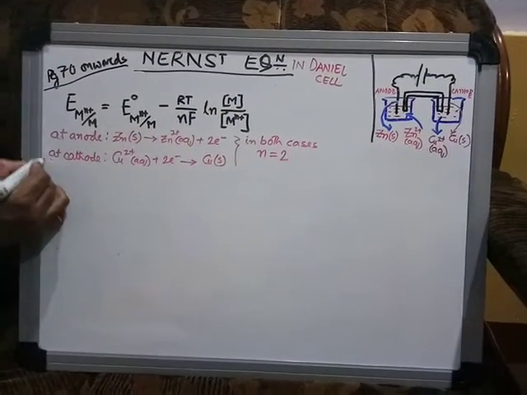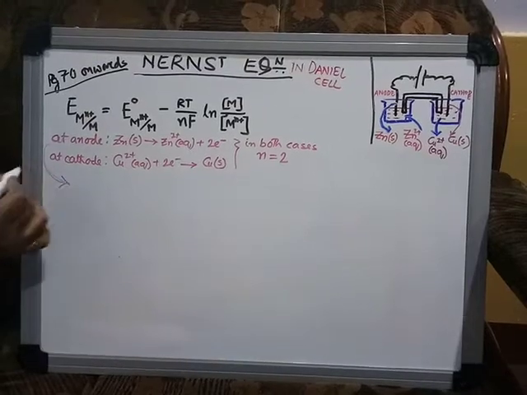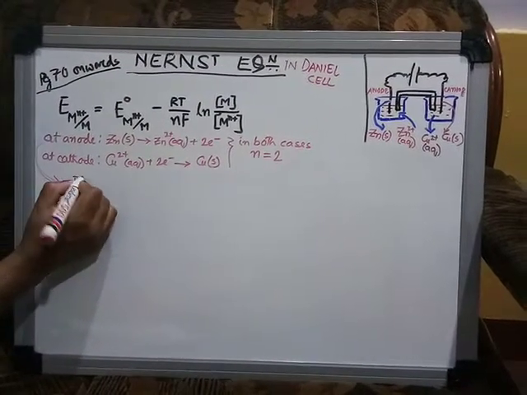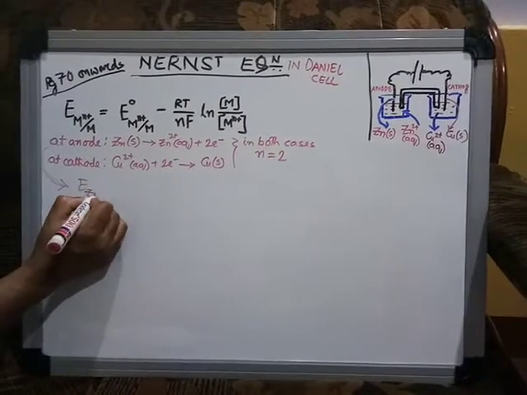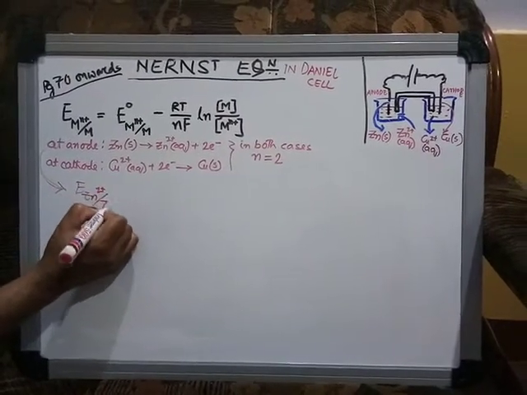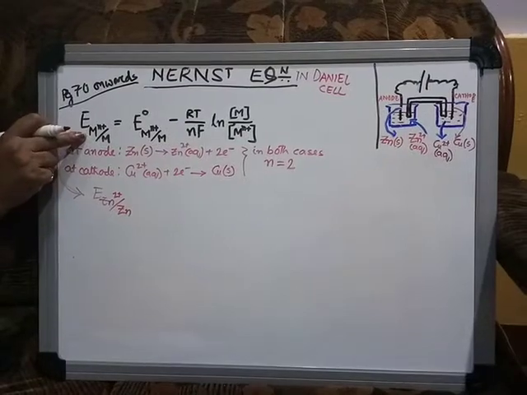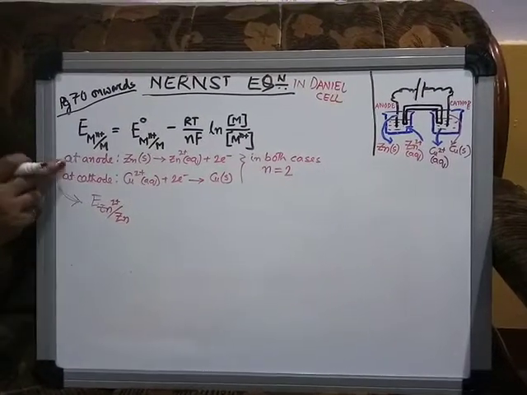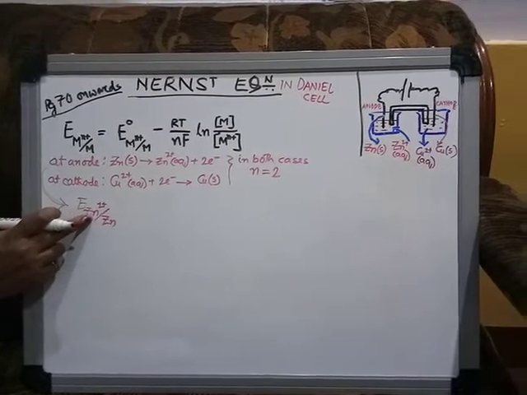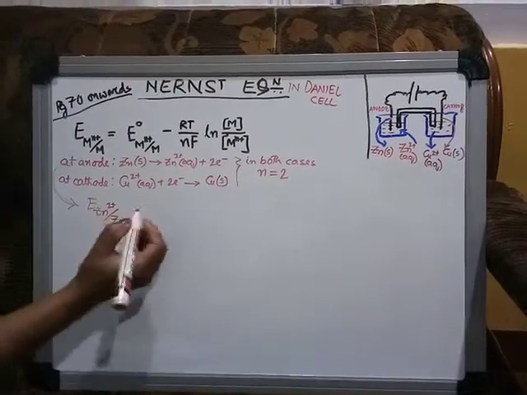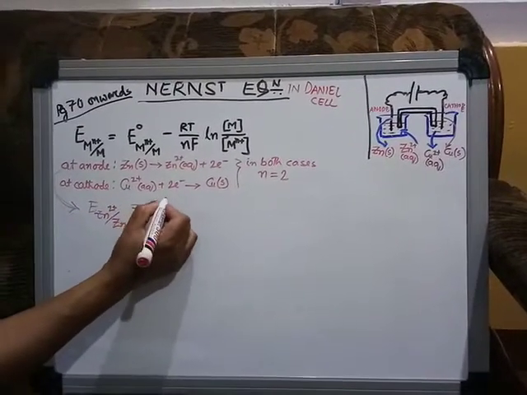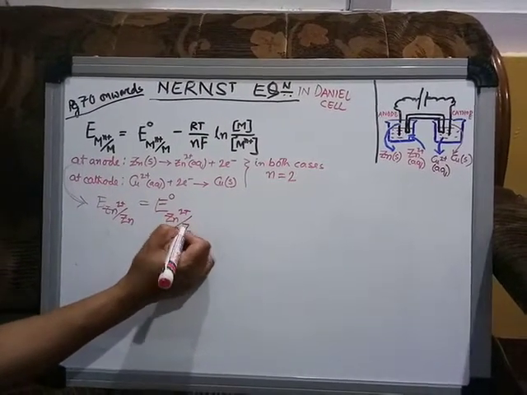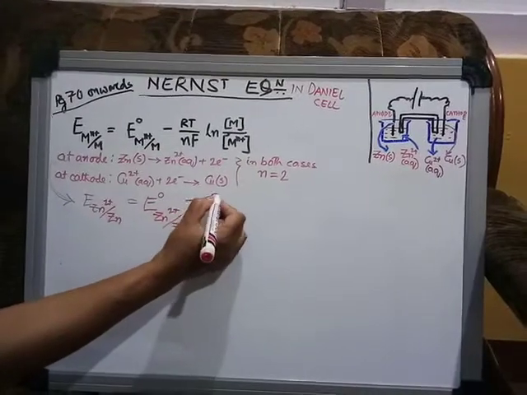Say we want to write the Nernst equation for what is happening at the anode. It will be E Zn2+/Zn. You see I am using the convention as they are writing. So at the anode, E Zn2+/Zn is equal to E0 Zn2+/Zn minus RT.